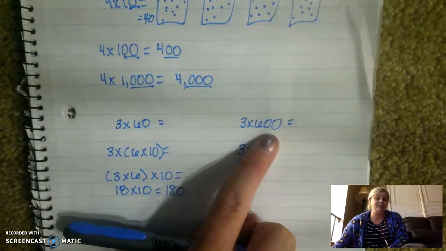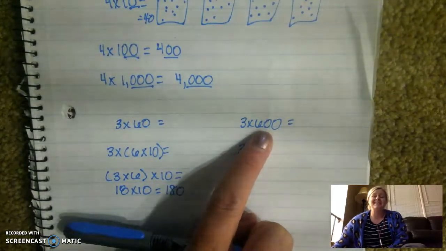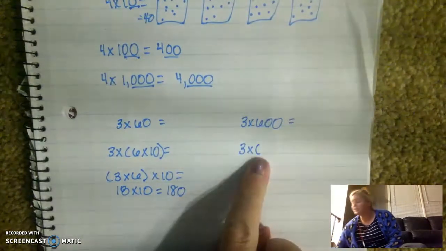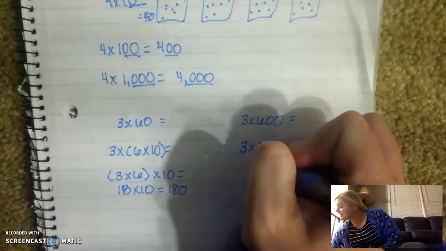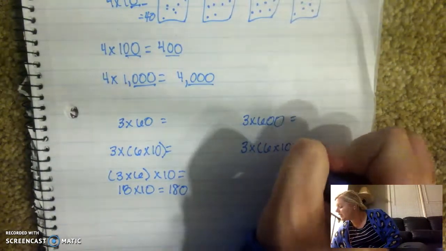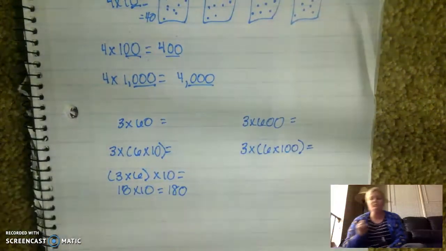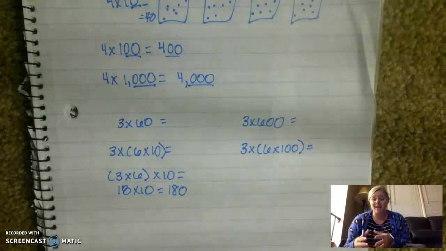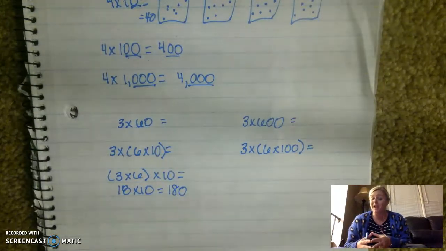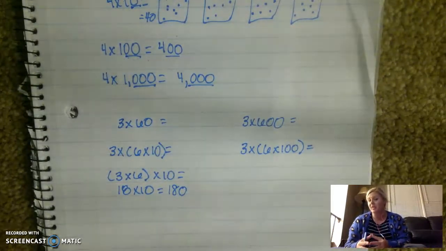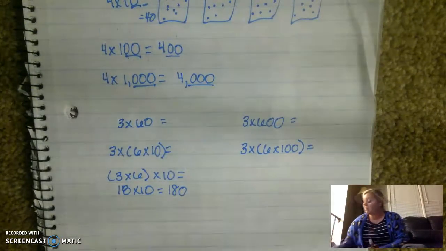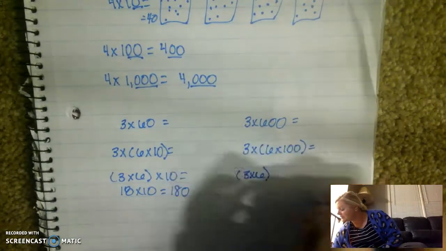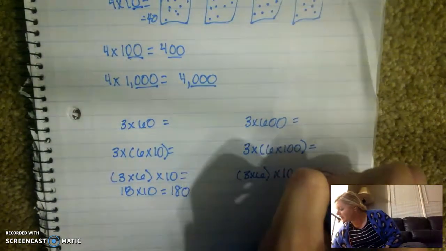How many hundreds? It represents 6 100s. So I'm going to do my parenthesis of 6 times 100. Now I want to regroup here so that I have a base problem that I already know how to work with. So I'm going to regroup my problem to 3 times 6 times 100.